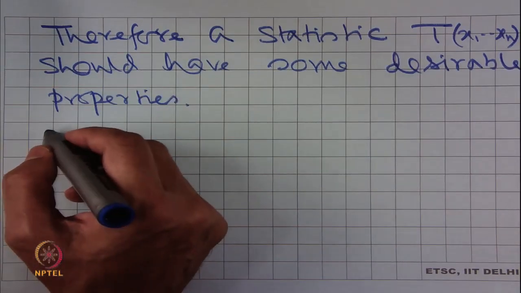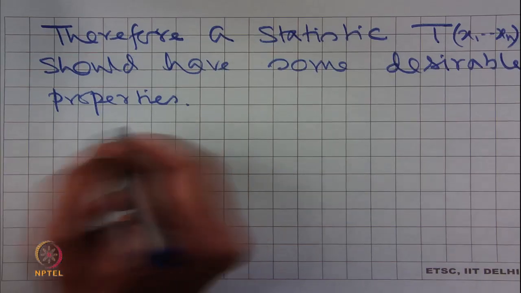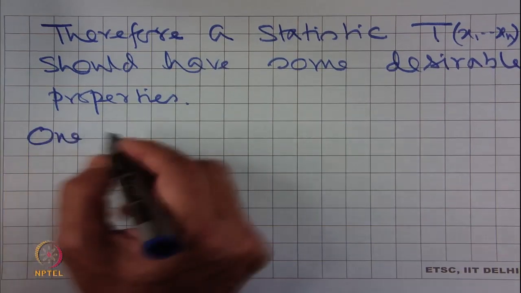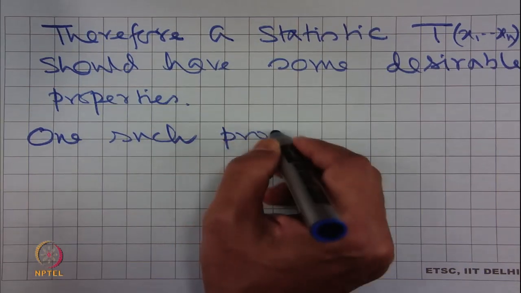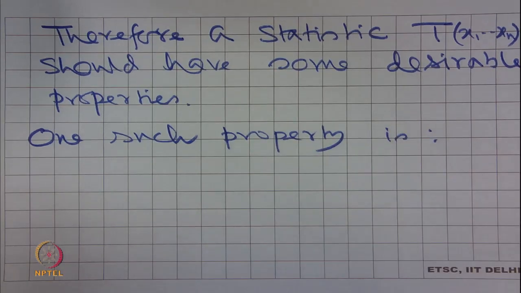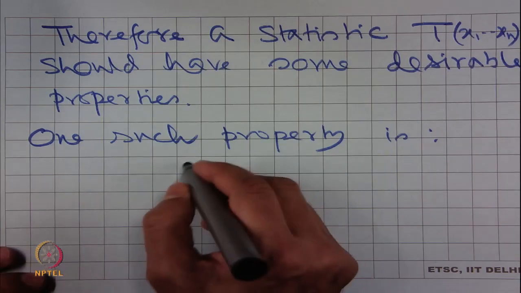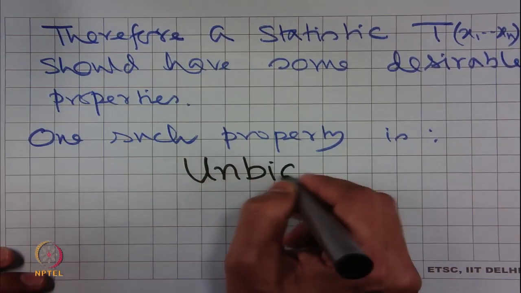I talk about the simplest and easiest property to understand. And many of you might have rightly guessed, the property that I am talking about is unbiasedness.